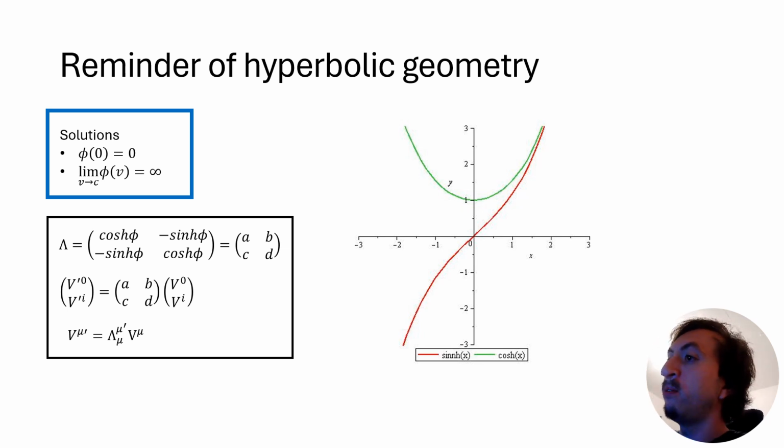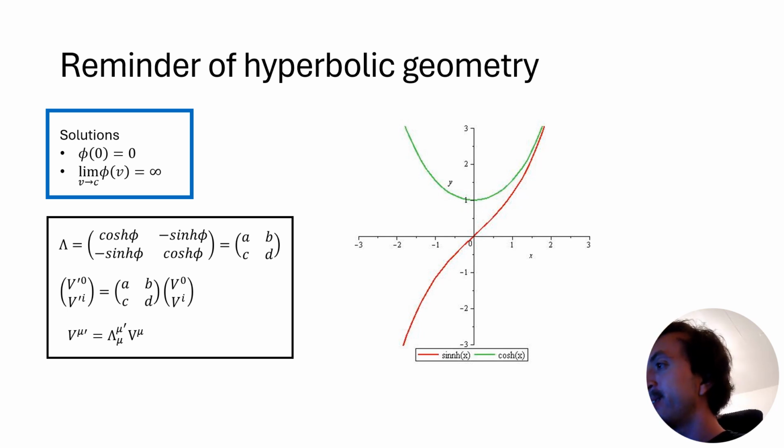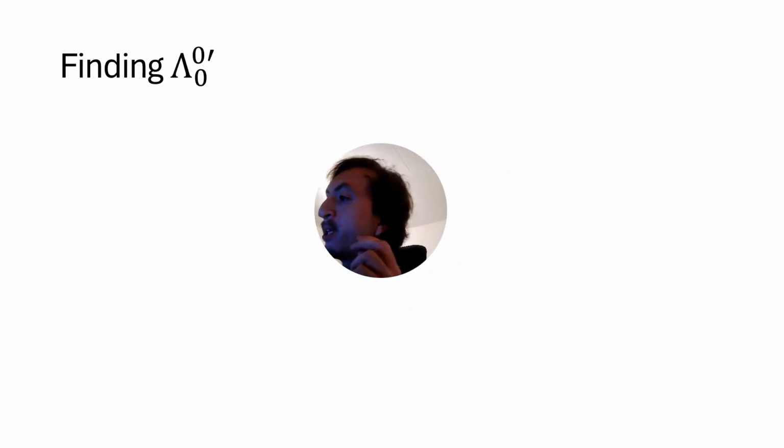At the end of this video, we'll be checking that the components of a Lorentz transform imply that phi, a hyperbolic angle, can be written as a function of velocity which satisfies the two limiting cases in the blue box. Because if you're trying to find a solution to something, it's always worth having sanity checks, so you can check at the end that what you've done seems legitimate. So now we're going to find the first component of our Lorentz transform matrix, which I gave the letter A just a moment ago.